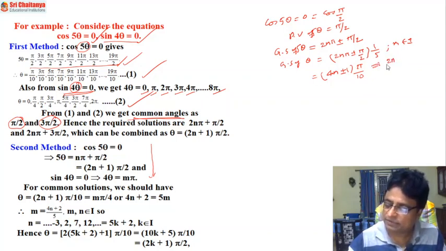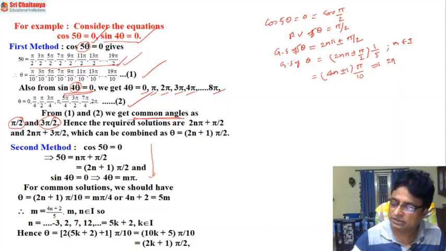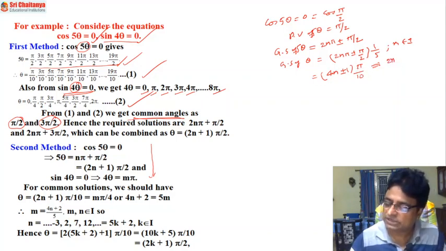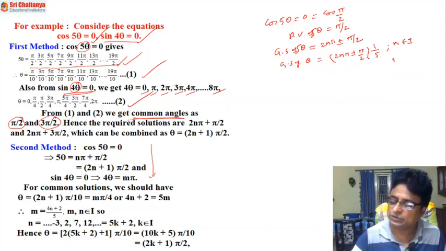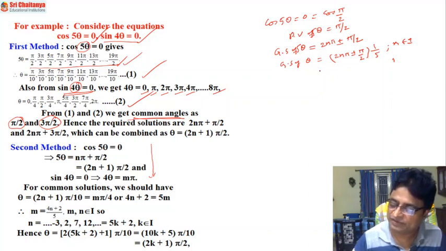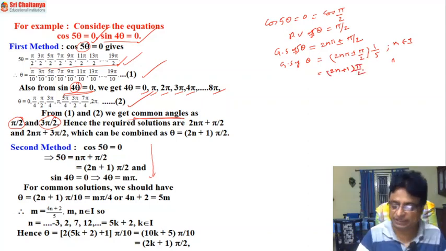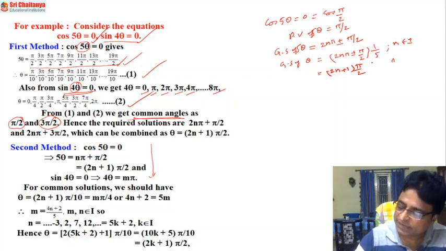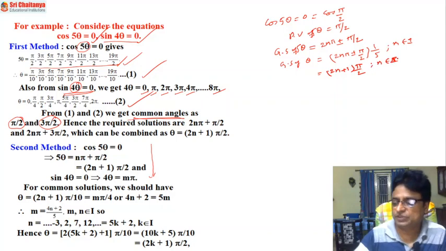Simply, instead of 4n plus or minus 1 into pi by 10, I can also write this, by replacing the suitable value of n, as 2n plus 1 into pi by 2 also. That is GS of 5 theta. Here I mentioned this is for n belongs to I. This is one equation.